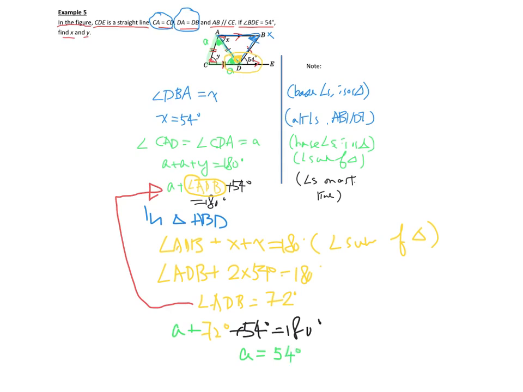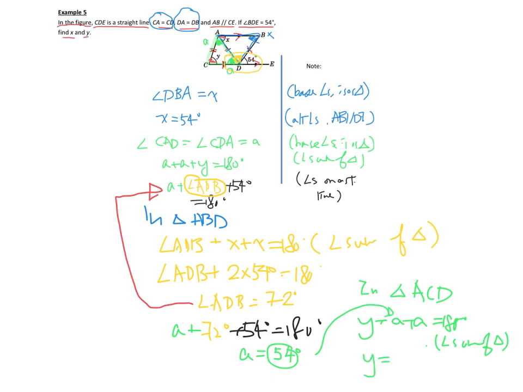Lastly, by using the green triangle, that is triangle ACD, we know that y plus 2a is equal to 180 degrees. That is the angle sum of triangle. And we put the 54 degrees back to a. Then finally, you will find that y is equal to 72 degrees. That's it.